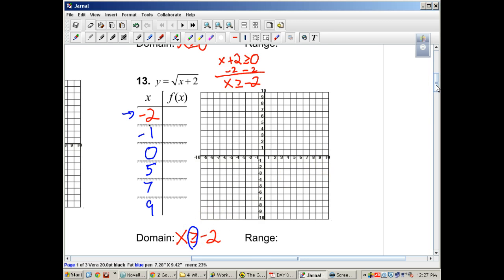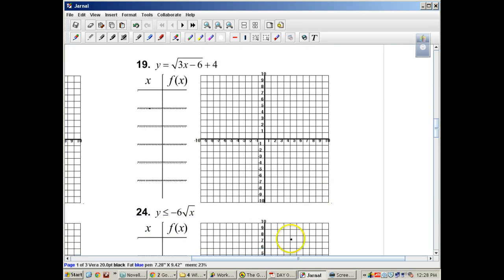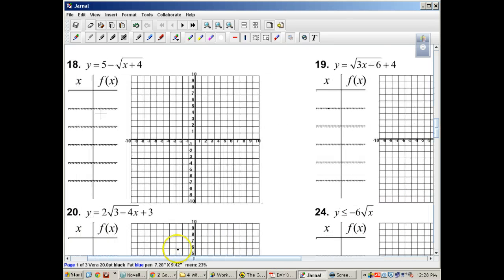Okay, on the back, it no longer asks you for the domain and range, but what do you still need to do in order to start the problem? Yeah, you kind of need the domain because you need this number, right? So you still have to do it, but maybe by now you can see this. Oh, that's going to be -4 because -4 plus 4 is 0.